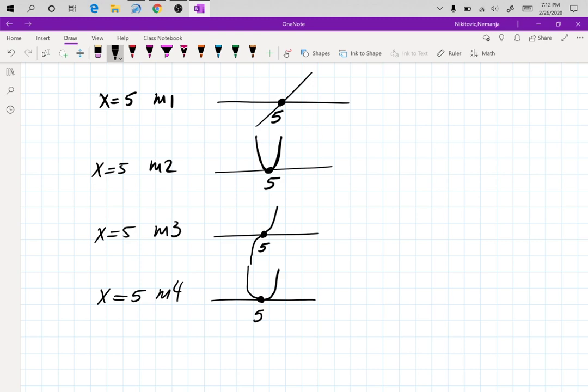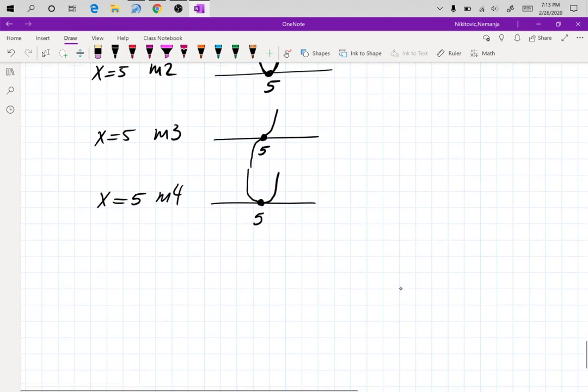By the time you are at multiplicity 48, it's going to look like this. It's going to really hang, and this is where your 5 is going to be. So multiplicities now will help you bounce the function properly.